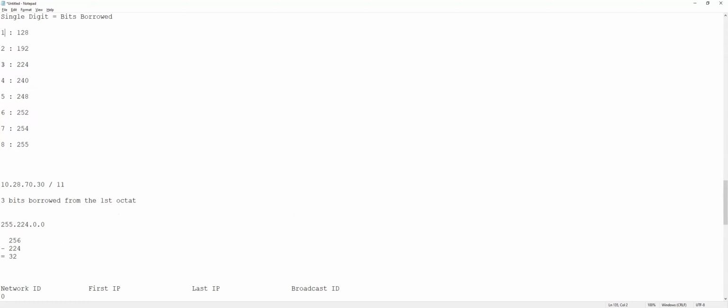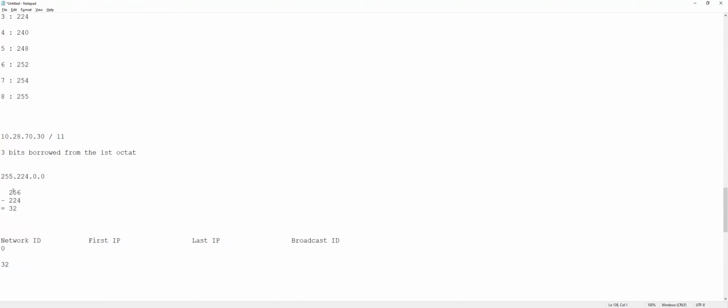When you borrow 3 bits from an octet, it's going to be 224. So in this case, 255.224.0.0 because it's a class A, and you still borrow 3. When you subtract 224 from 256, which is the full IP address range including the broadcast and the network ID, you get 32, which you will use as an interval.